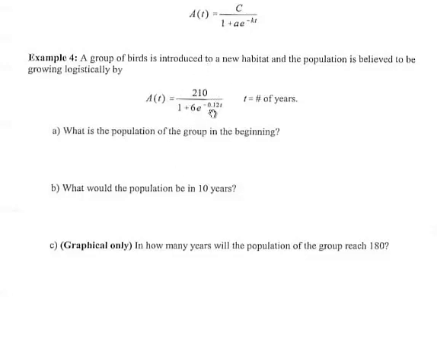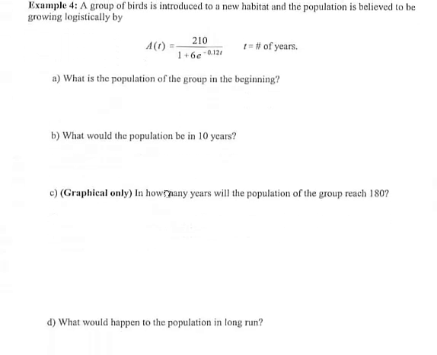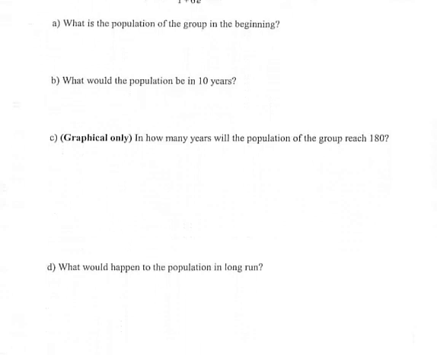And on the bottom, the rate and the 6 probably have something to do with how fast we approach that limit. So here we would say A equals 210 in the long run. And that completes section 6, and it completes chapter 3 for exponential and logarithmic functions.